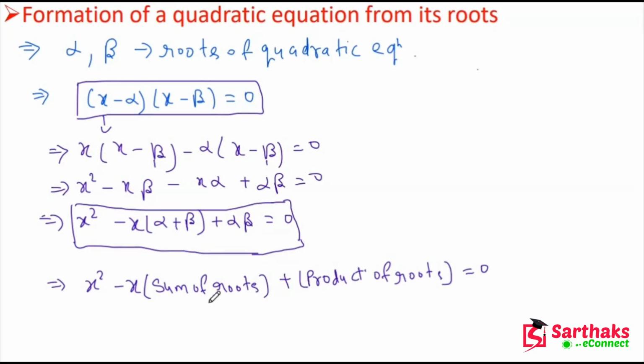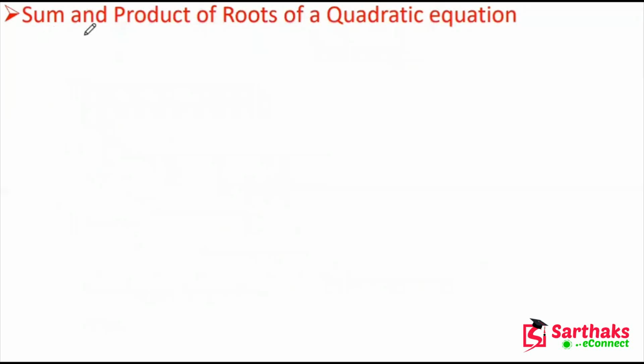Here a is 1, b is minus alpha plus beta, and c is alpha beta. Friends, I hope you get this point. Now what is the sum of roots and product of roots? Let's see that. Sum and product of roots of a quadratic equation.